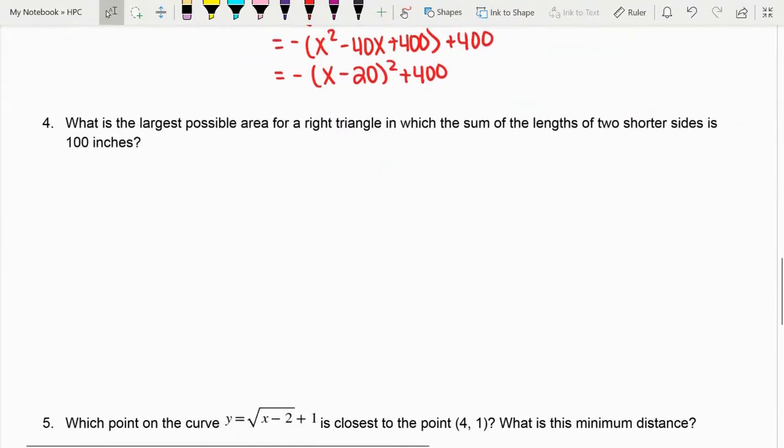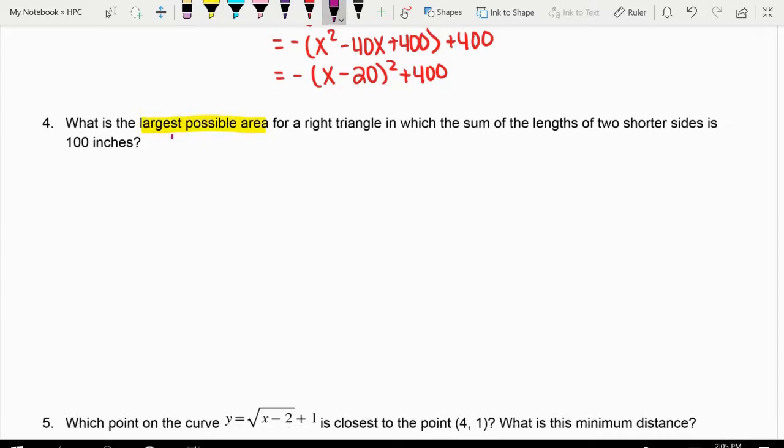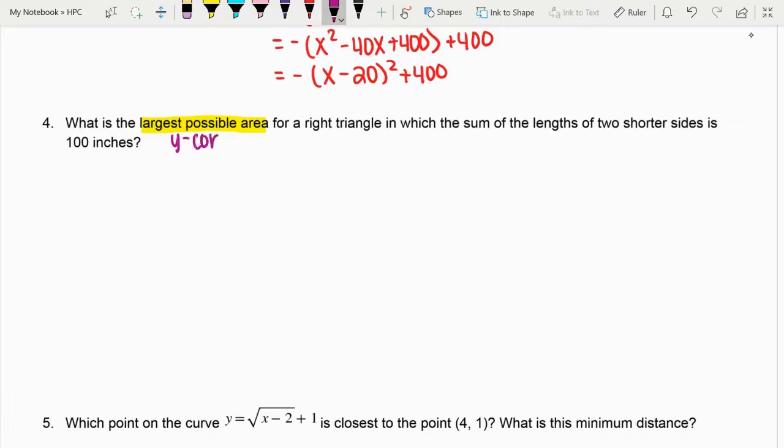Okay, number 4. What is the largest possible area for a right triangle in which the sum of the lengths of the two shorter sides is 100 inches? So we are going to be looking for two equations to then write our answer in vertex form. Again, we are looking for the largest possible area, so I do want to find the y-coordinate of the vertex.